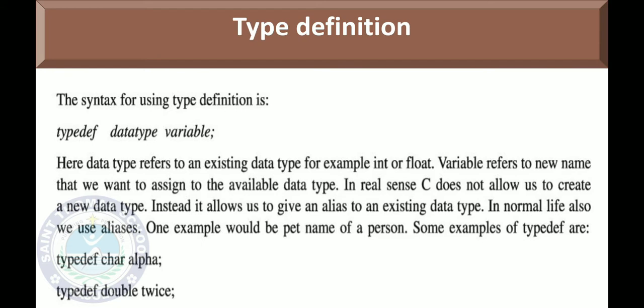Actually, C will not allow you to create a new data type. But what we are doing here with the help of typedef is giving an alias name to our existing data type.